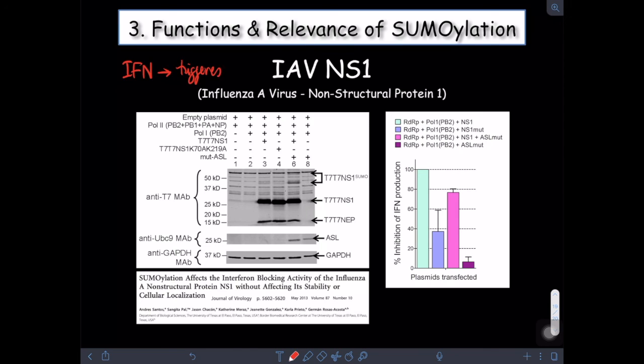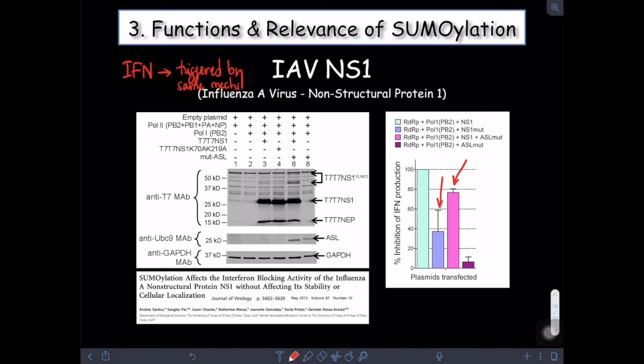In these studies, we were able to demonstrate that both increases and decreases in the total amount of SUMOylated NS1 are associated with decreases in the ability of NS1 to neutralize the production of interferon.